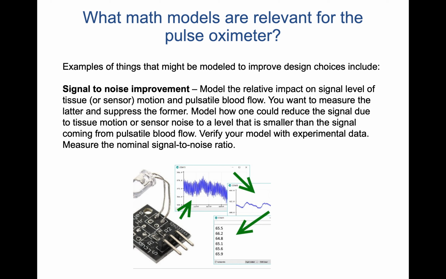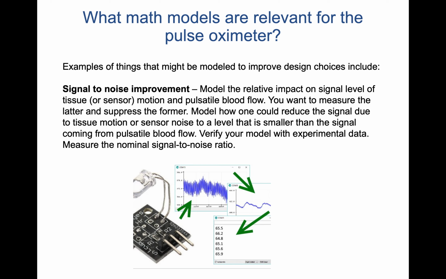Another thing you could do would be to model the signal and noise and how you might improve it in your system. Model the relative impact on signal level of tissue or sensor motion and the pulsatile blood flow. You want to measure the latter and suppress the former.